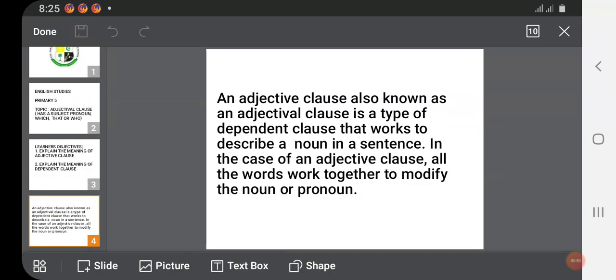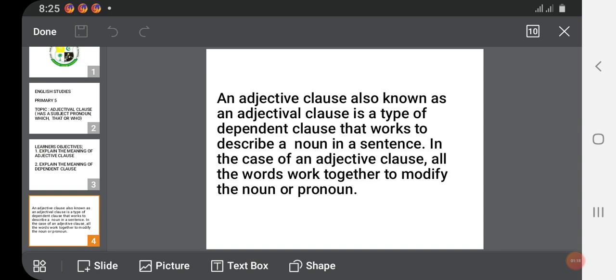So when we say an adjective clause, an adjective clause is also known as an adjectival clause. What other name do we call adjective clause? Adjectival clause. That's good. An adjectival clause is a type of dependent clause that works to describe a noun in the sentence. Who can tell me what a noun is? A noun is a naming word.